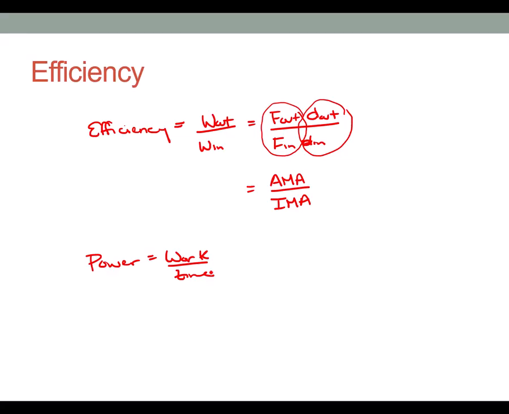So the time piece of it cancels. And so you can rewrite the efficiency as the power out divided by the power in. Okay, that completes this section.